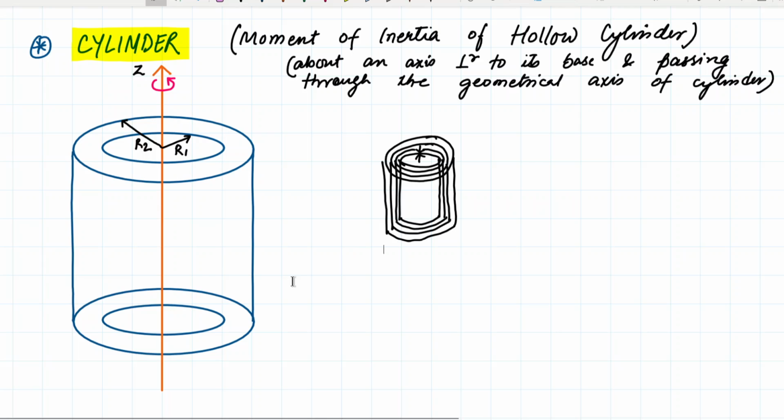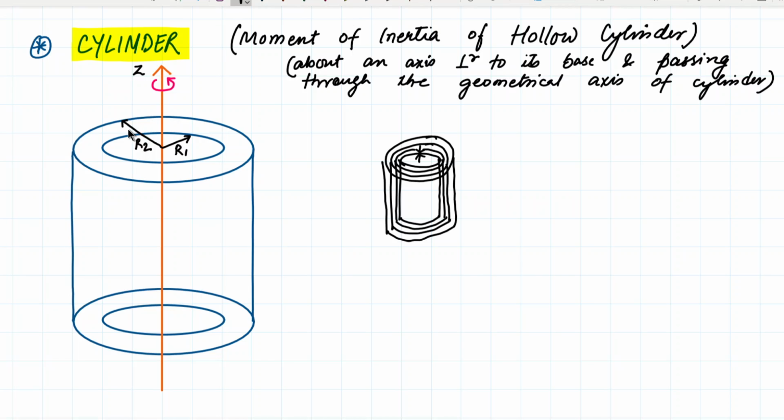So I'm going to imagine that there is a very small cylindrical surface at a particular distance r, and then I'm going to integrate from r1 to r2 so as to obtain the moment of inertia for the entire configuration by looking at the moment of inertia of that particular cylindrical surface.